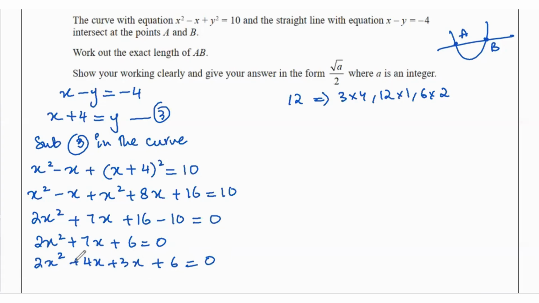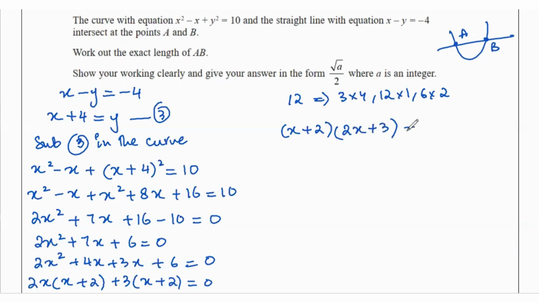The first 2 terms make one group, and the last 2 terms make another group. Between the first 2 terms, we have 2x common, so x plus 2 comes in the bracket. Between the last 2 terms, we have 3 common, so again x plus 2 comes in the bracket. So between 2x and 3, we have x plus 2 common: (x plus 2)(2x plus 3) equals 0.